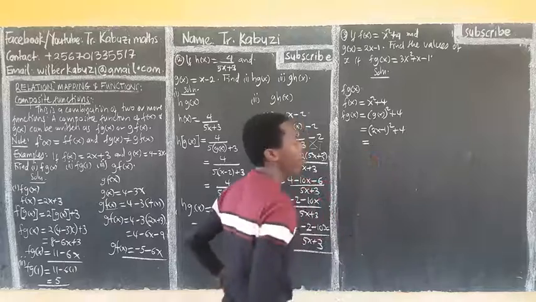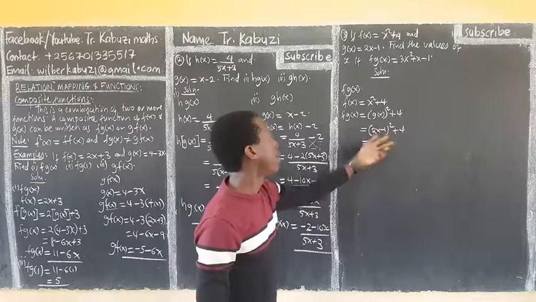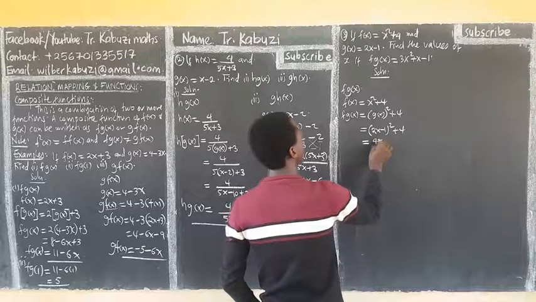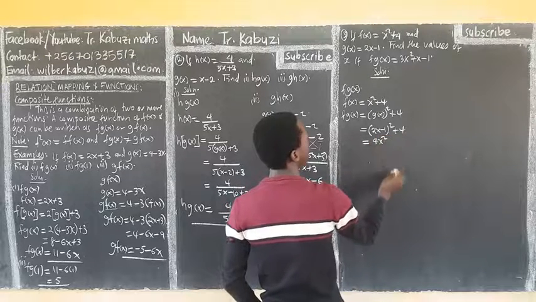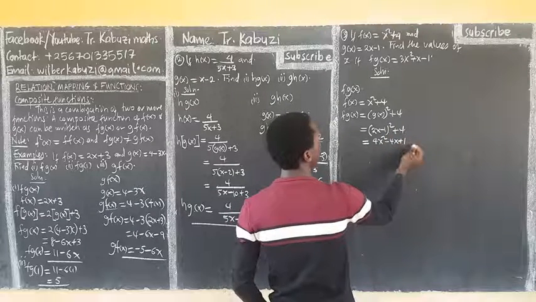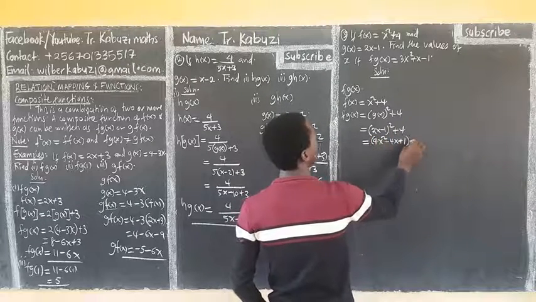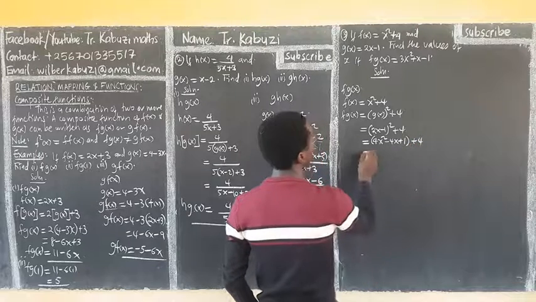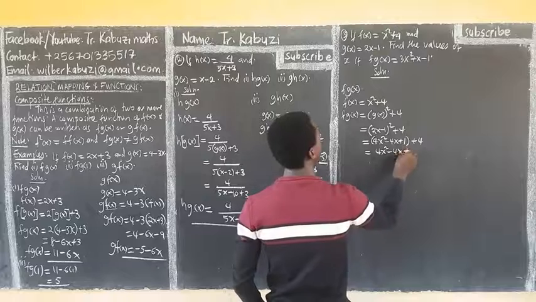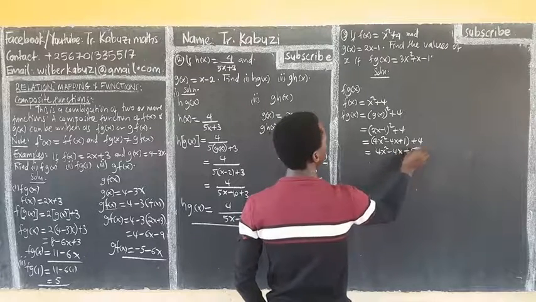Remember how we expand this. We square the first term, get 4x squared, then this and this, then by 2, minus 4x. When you square the last term, we get 1. So that's how we expand. Then we add 4. So this will give us 4x squared minus 4x plus 1 plus 4, which would be 5.